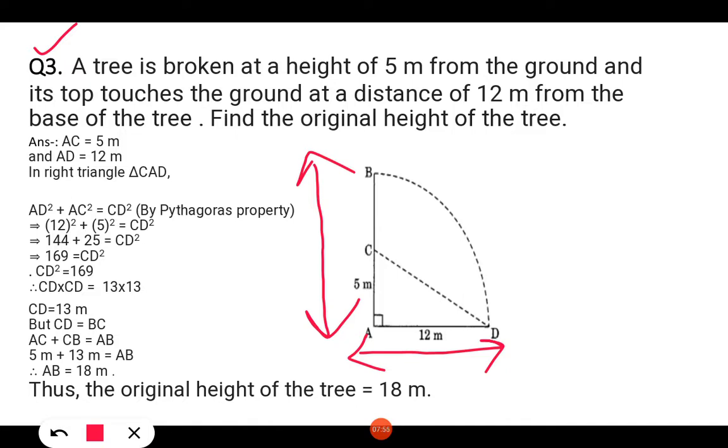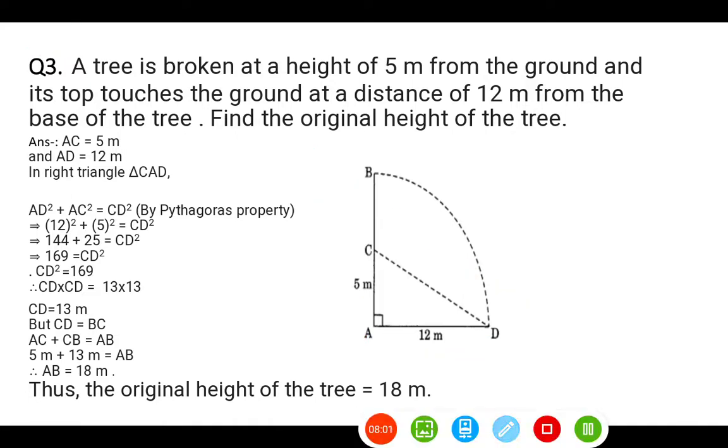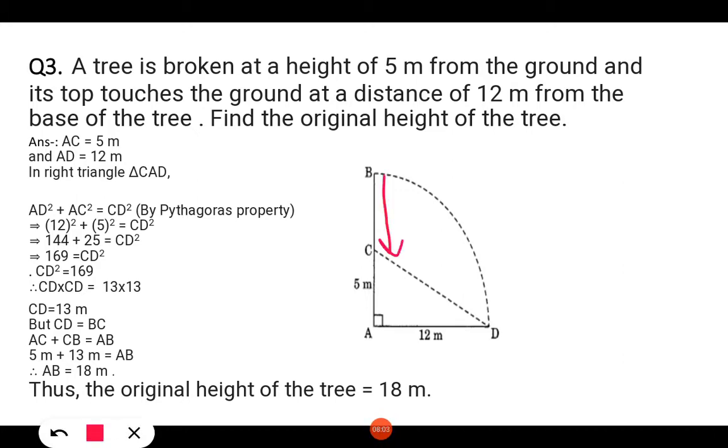Student, here this part of tree is touching the ground at point D. This part is broken and touching the ground at point D. So here CD is same as BC.